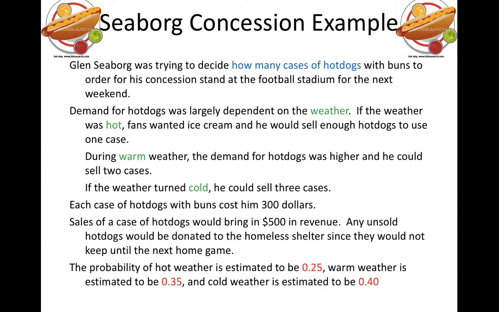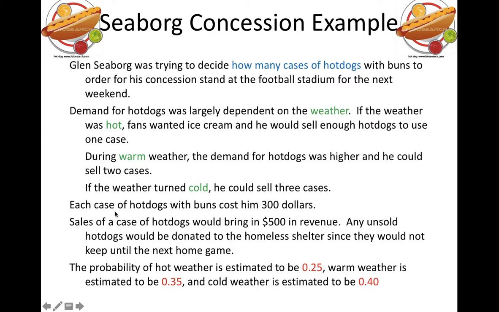If the weather was hot, fans want ice cream and he can sell enough hot dogs to use 1 case. If weather is warm, the demand for hot dogs was higher and he can sell 2 cases. And if weather turns out to be cold, he can sell up to 3 cases.